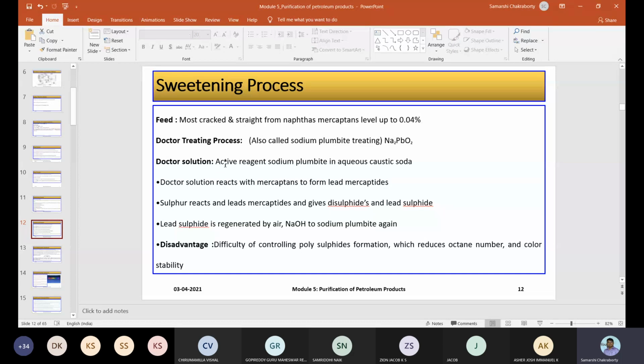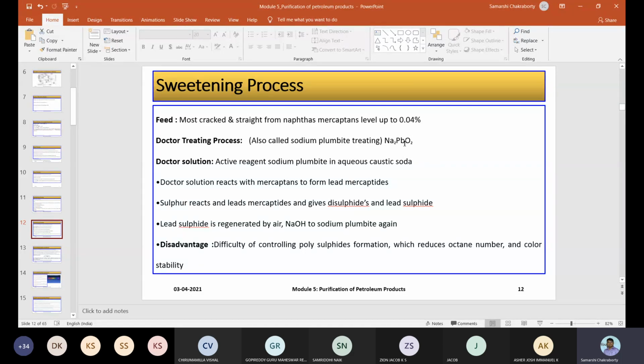In the sodium doctor solution, the active reagent sodium plumbite is present in a solution of caustic soda, which is none other than NaOH. Your doctor solution reacts with the mercaptans, leading to formation of lead mercaptide.